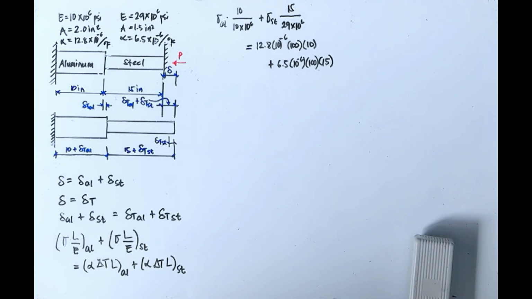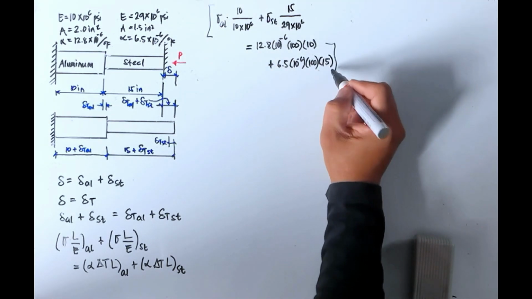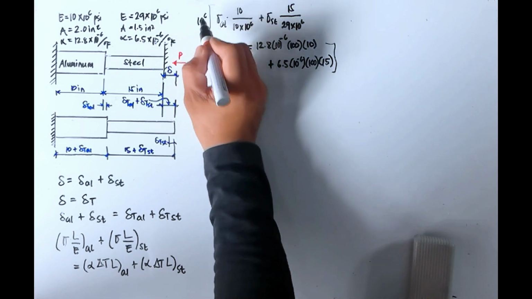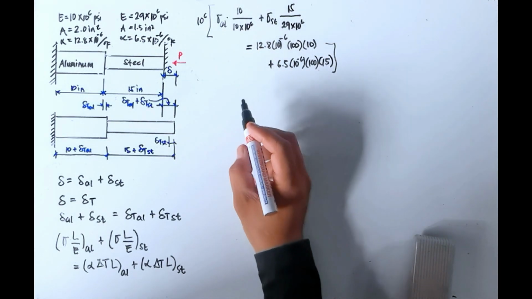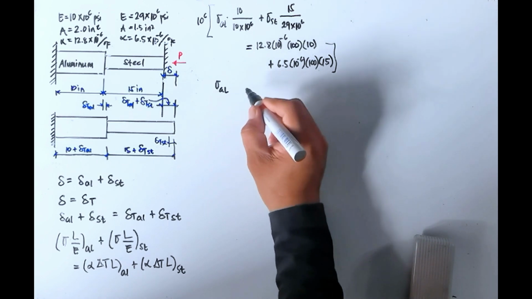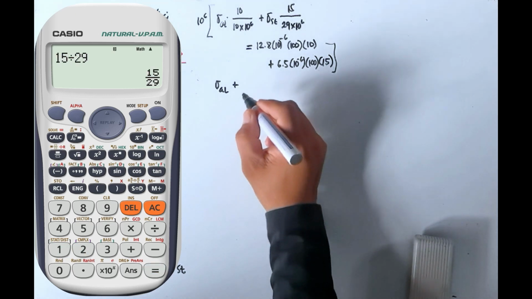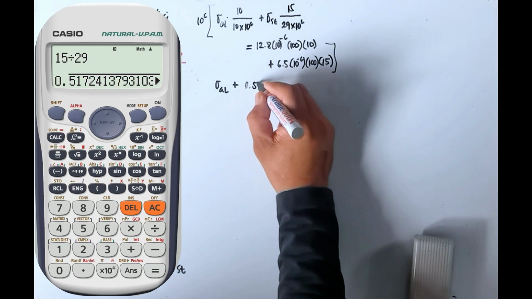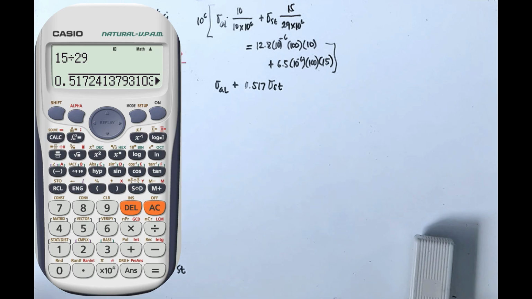We can eliminate 10 to the negative 6 if we multiply the whole equation by 10 to the 6. So we have 10 over 10 is 1. We have stress for aluminum plus 15 divided by 29 equals 0.517 times the stress in steel.